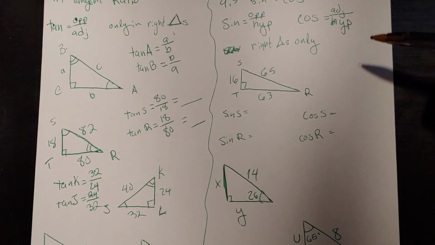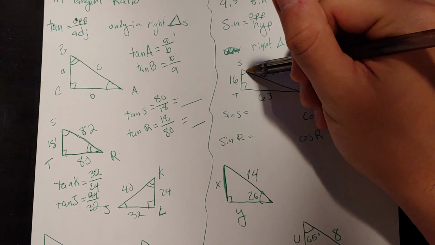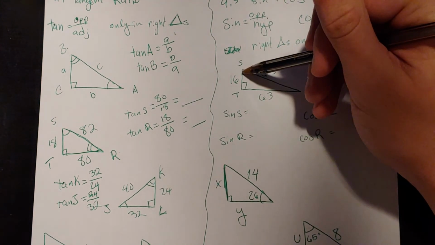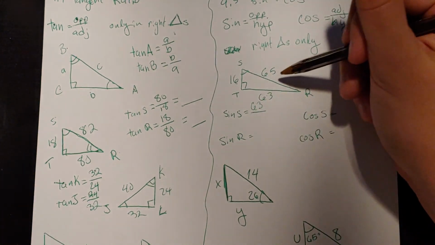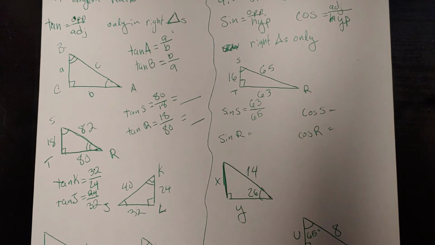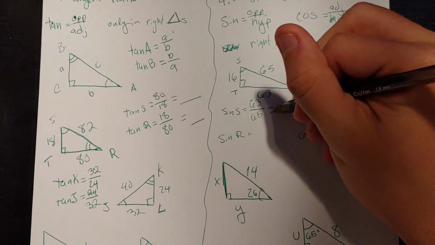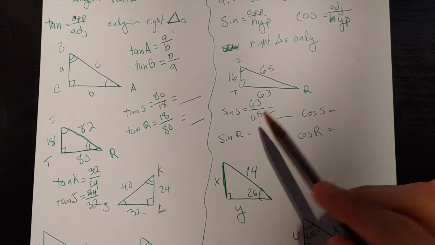So the sine of S: sine is opposite over hypotenuse. The opposite of S is 63, over the hypotenuse, which is 65. And that's all you need to do. Again, they might ask for a decimal form; once you do that, you can just plug that in.